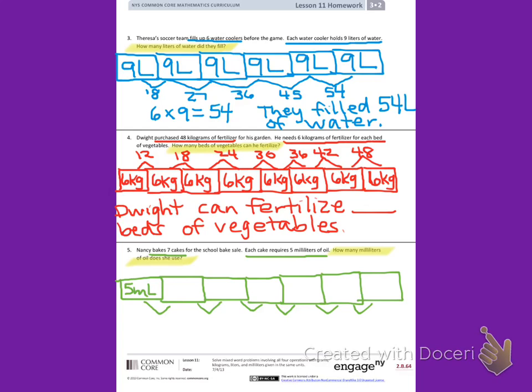Then, with the multiplication sentence, it's the same as 7 groups of 5. And the last thing you'll do is answer it in a sentence. She uses blank milliliters of oil.